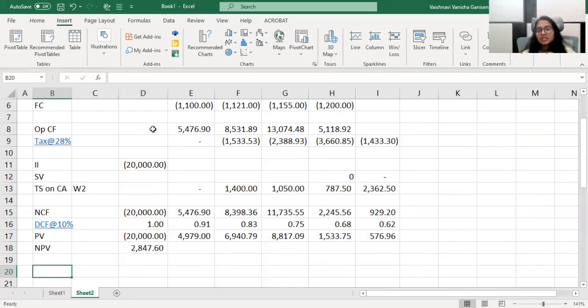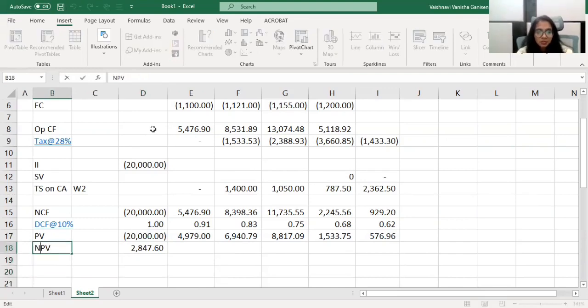Okay, now guys, you can see your expected net present value is a positive value. So your expected NPV is positive, that means your project can be accepted. It is financially viable. The project will be accepted.